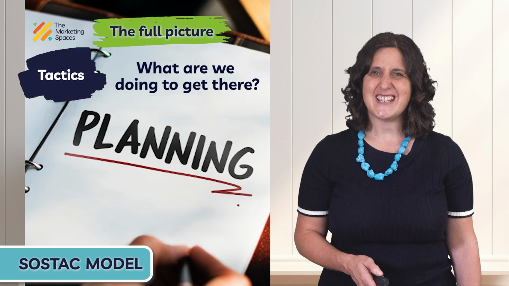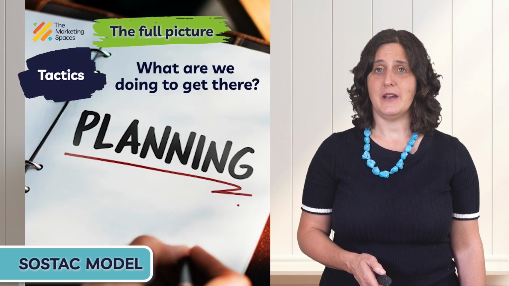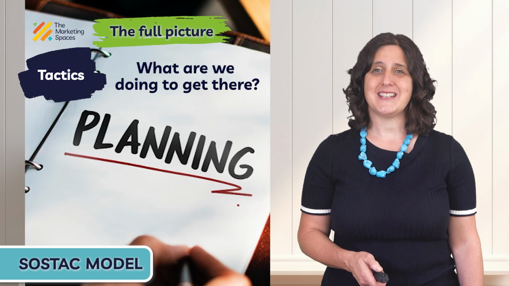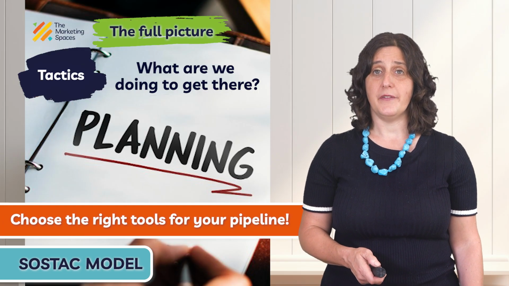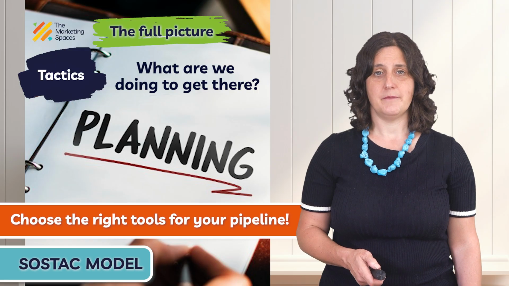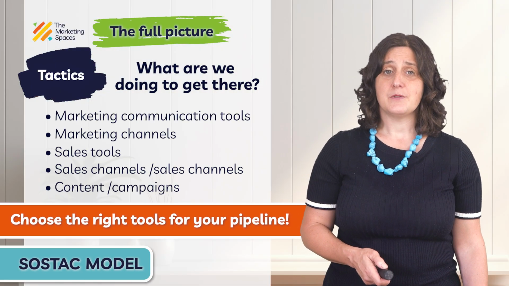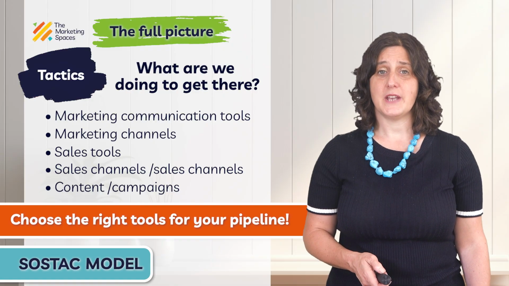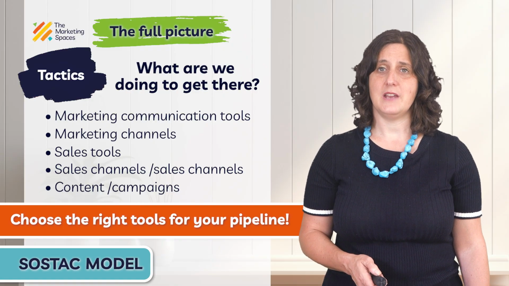This is all the detail, all the nitty-gritty, and it is exactly the same for your marketing pipeline. And when it comes to marketing tactics, it is essential that you choose the right ones for your pipeline. These could be your marketing comms tools, your sales tools, campaigns, content. This is where we really go into the detailed marketing communication planning.